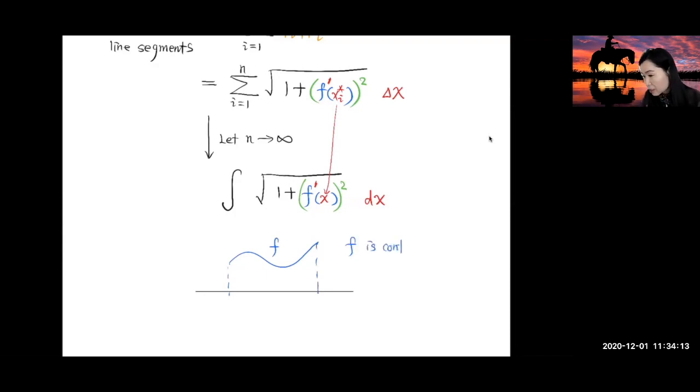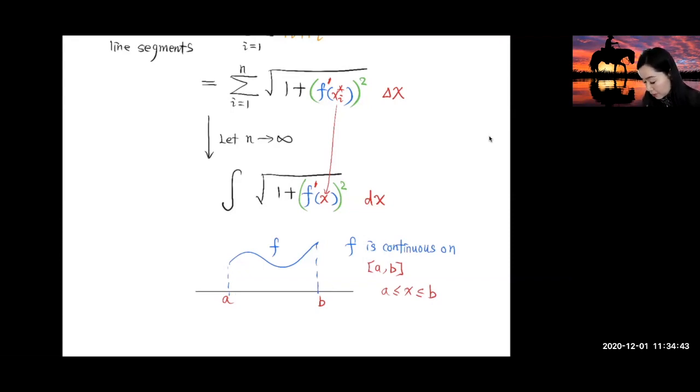It's also a smooth function. It is continuous on this interval a to b, where x is greater than or equal to a, less than or equal to b. x is somewhere between a and b.